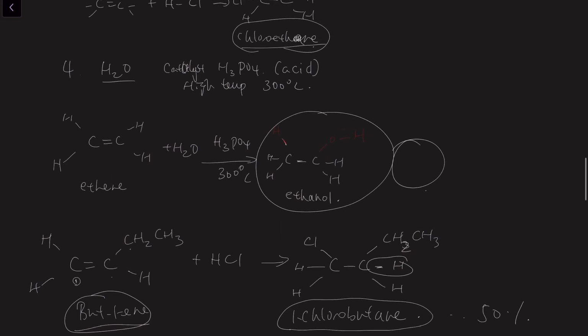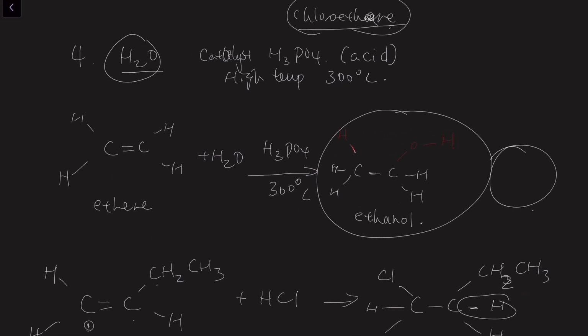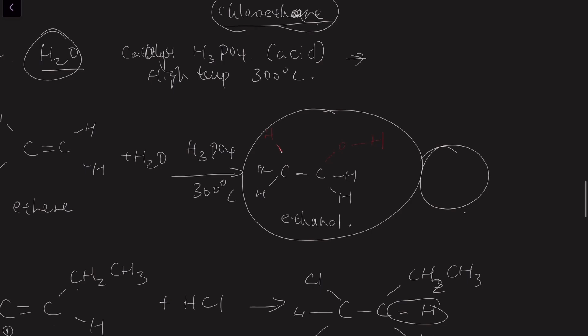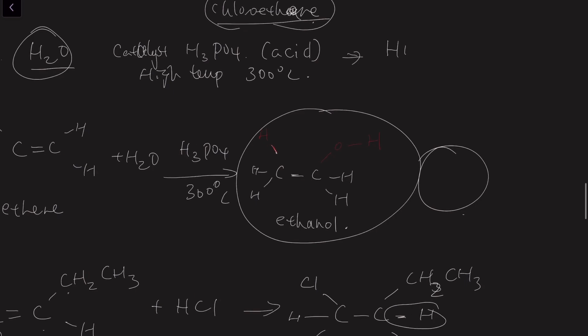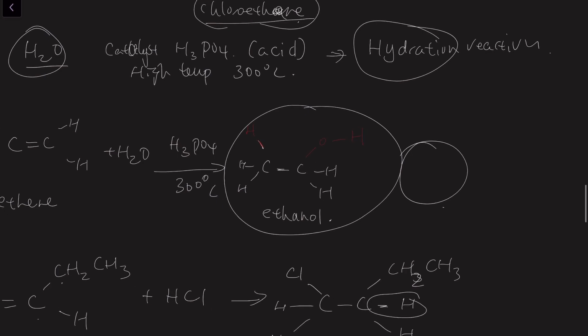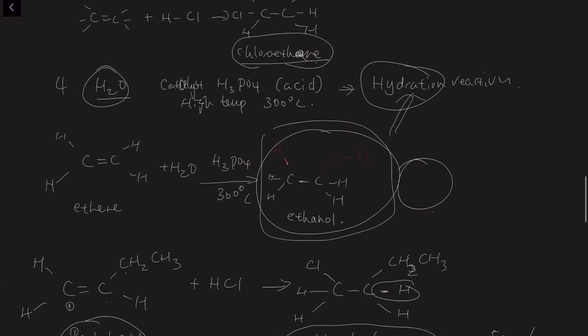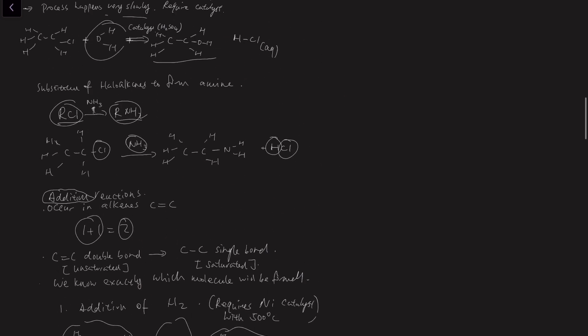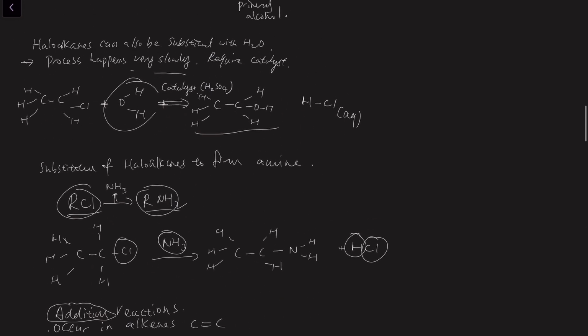So for the addition of H2O, we commonly call this the hydration reaction because we are adding water, so we are hydrating this molecule. So in fact, ethanol is commercially produced via this hydration reaction. Because for other ways of producing alcohol, we would produce some byproduct such as HCl.